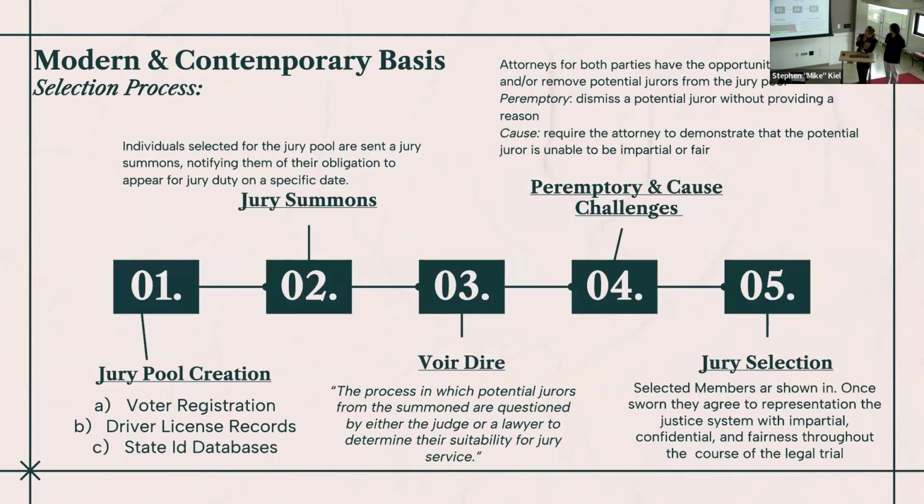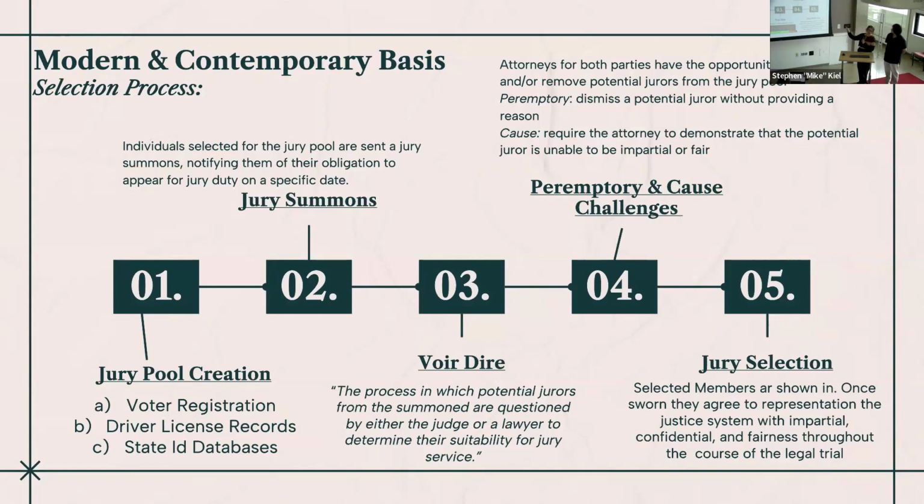And then this is the selection process. I'll go pretty fast, but it's pretty simple. There's the pool, and then you get that jury summons in the mail that everyone probably wants to ignore. We go through voir dire, which is a process where lawyers are able to ask potential jurors questions and see if they would want to pick them or strike them. And then that's where challenges for cause come in.